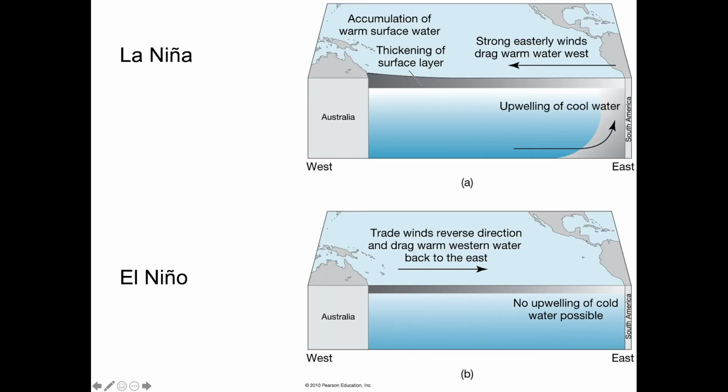Brings us to La Nina and El Nino. We talked about this a little bit in the atmospheric circulation component of the course, and it's illustrated schematically here, such that during La Nina, the little girl, the strong easterly winds are going to drag warm water to the west. So the trade winds are moving to the south.